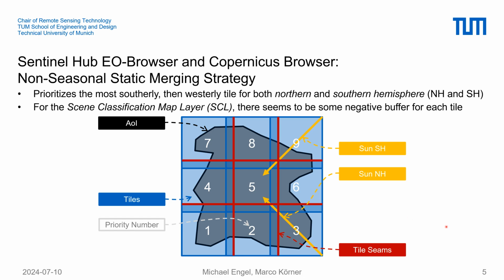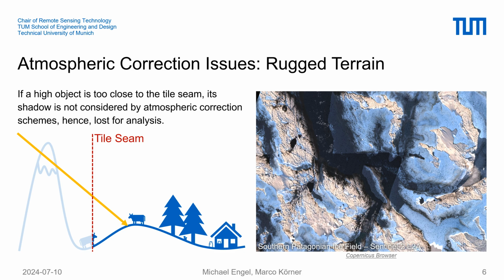And you might notice that the sun rays are intersecting the tile seams, and that basically is the kernel of the problem. So suppose we are in rugged terrain. A ray not known to be obscured by a mountain on the other side of a tile seam won't be considered for atmospheric correction.